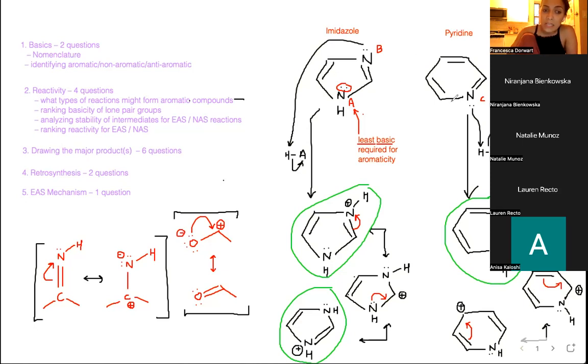Between B and C, B is the best base because it has the best, most stable conjugate acid resonance. When the conjugate acid is more stable, that means the reaction is more favored, which makes this a better base. So it would go A is the least, C is the middle, B is the best in this case. Does that make sense? Awesome.